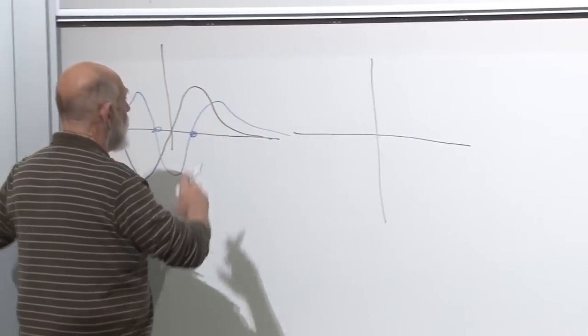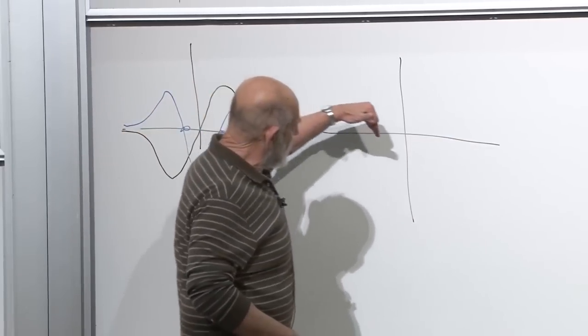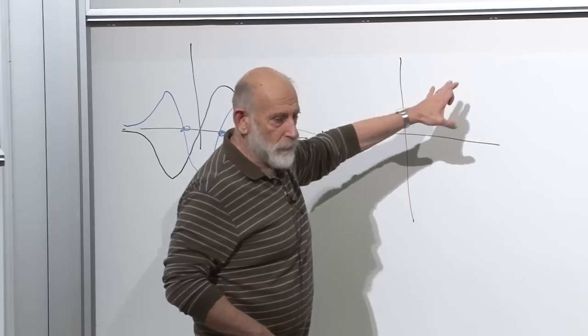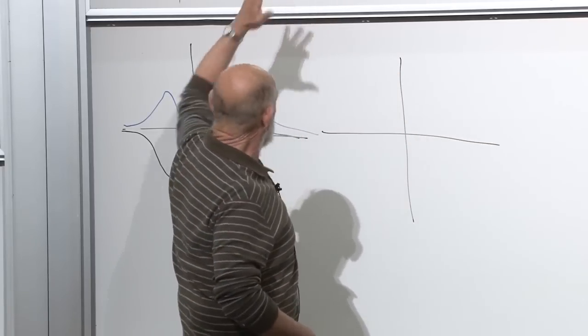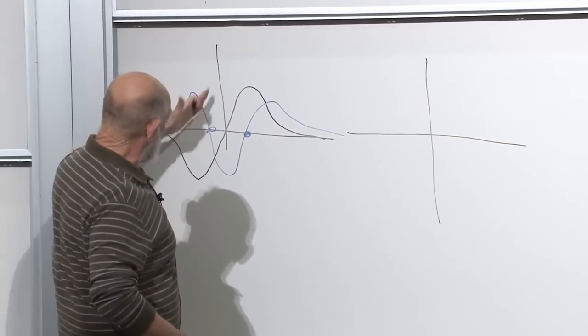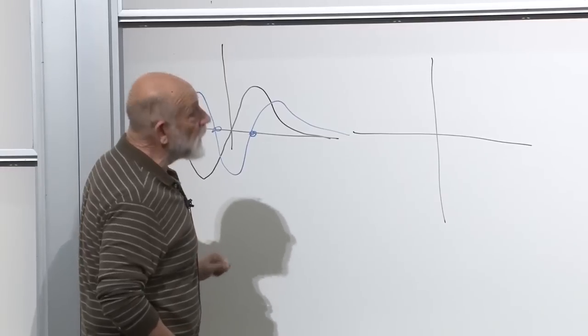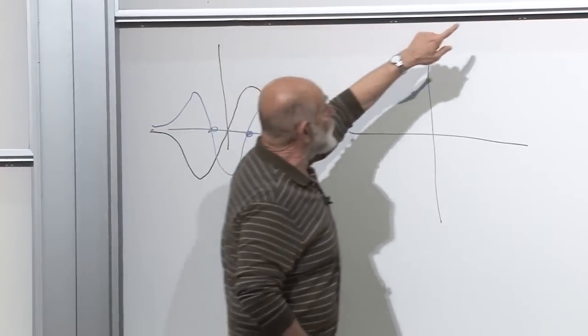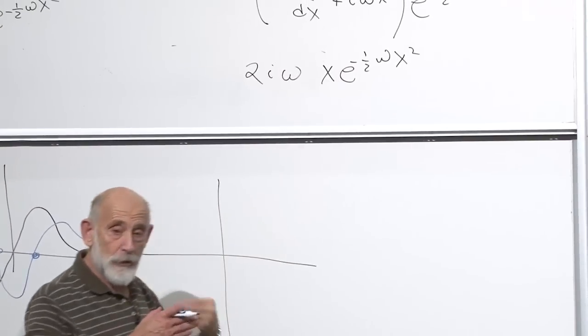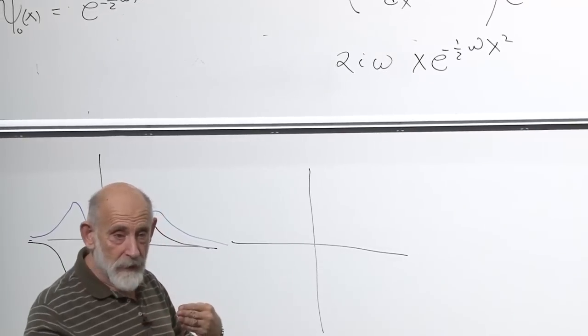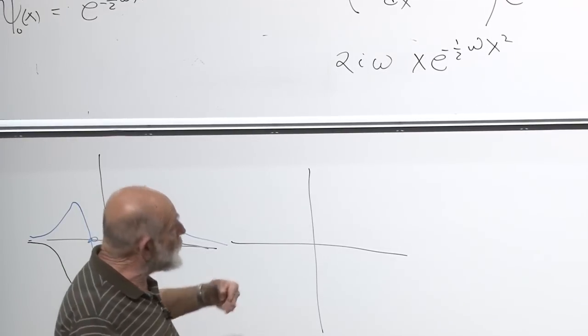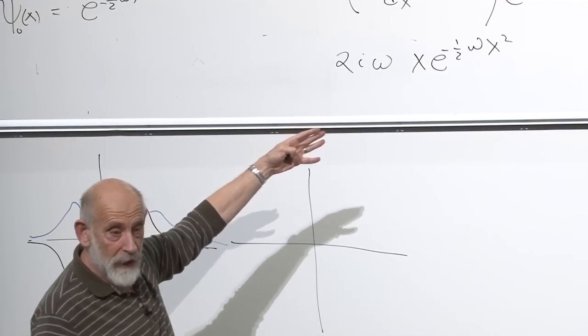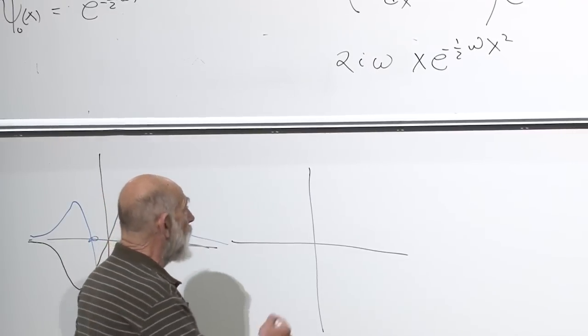Each time you act with A plus, you wind up pushing the wave function out more. For example, the ground state was concentrated near the center. The factor of x here tended to push it out a little bit. Why does it push it out? Because x is bigger far away than it is nearby, and so it pushes it out.